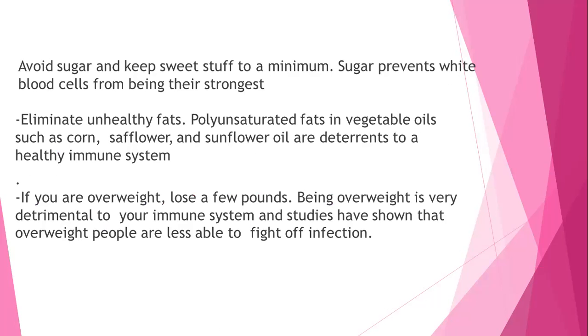I am telling you, but as a doctor you have to convince your patients. Eliminate unhealthy fats: polyunsaturated fats in vegetable oils such as corn, sunflower, and safflower are deterrents to a healthy immune system. So ask the patients to eliminate the unhealthy fats.